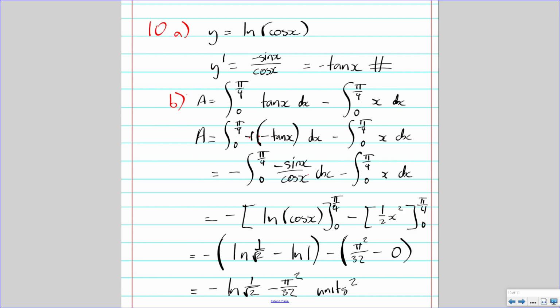Part A, I got confused. Am I too tired? Yes. Isn't that the differentiated version? That's the original. So when I differentiate it, it's negative sin x over cos x, which is negative 10x. And that was the question I was asked to show. And then when you integrate it, that would be the differentiated version.